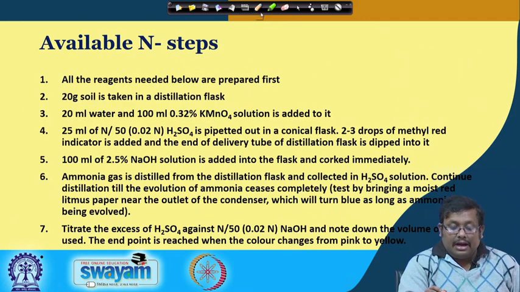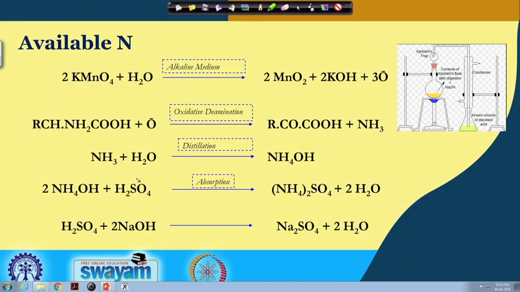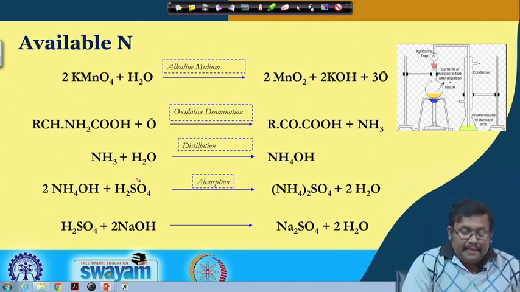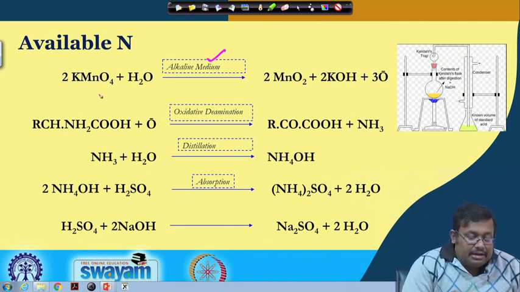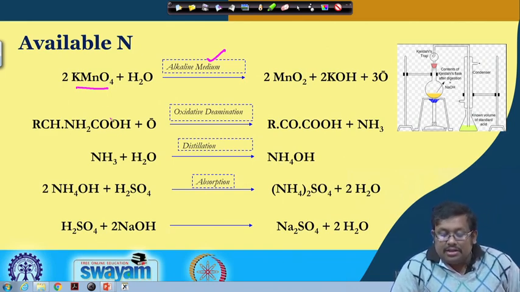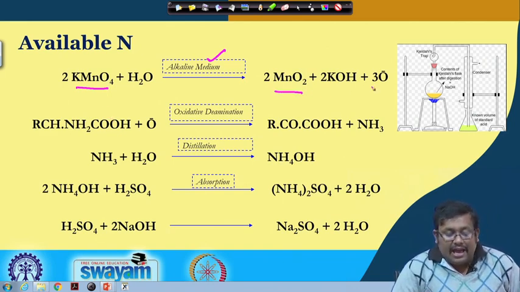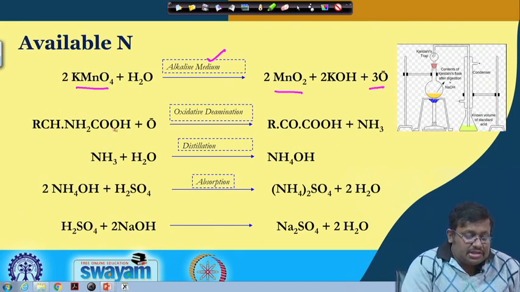So the first step, you can see here, in the alkaline medium, which is created by adding sodium hydroxide, the potassium permanganate produces manganese dioxide and nascent oxygen, and this nascent oxygen reacts with whatever organic nitrogen fraction is present in the soil.